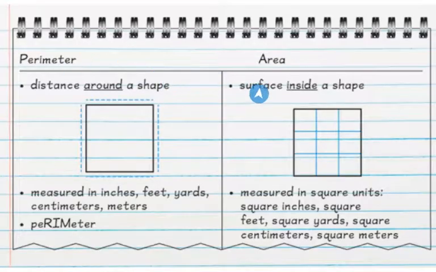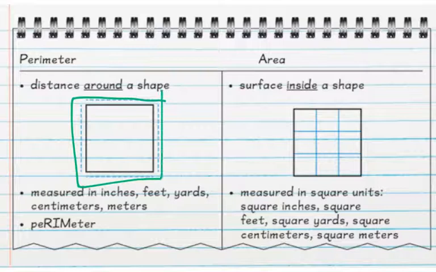And so here's another way to look at area as the surface inside of a shape. We measure it in square units, so square inches, square feet, square yards, square centimeters, and square meters. Where the perimeter is where we measure the outside of the shape, and you want to think of the rim.